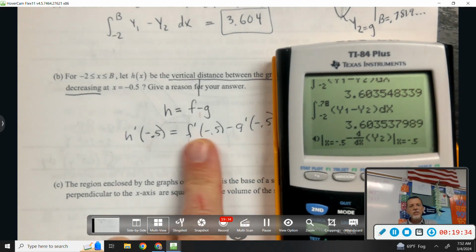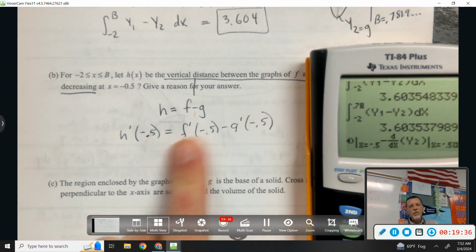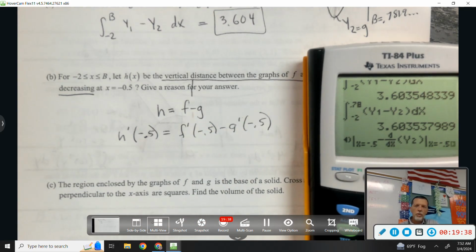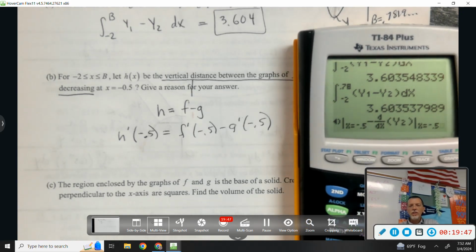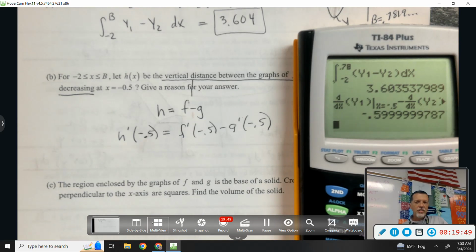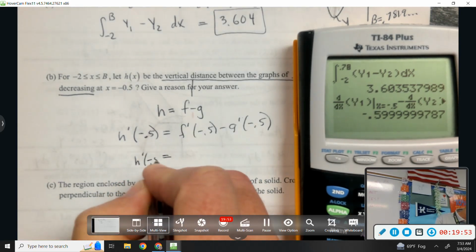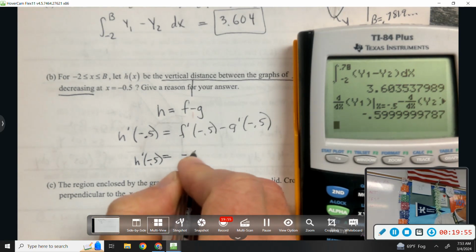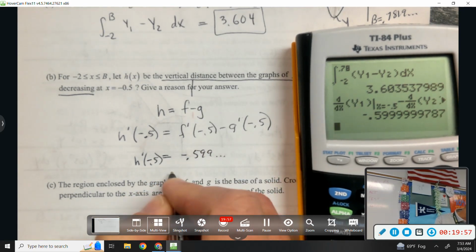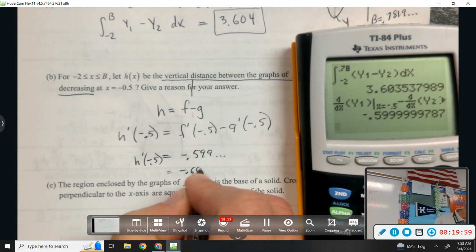The grader knows your calculator can do all that stuff, so you don't have to show any more work than that. You don't have to take the derivative by hand. Both of those are pretty straightforward derivatives by hand, but in the calculator section, you don't have to worry about that. So negative 0.5999999, negative 0.600.